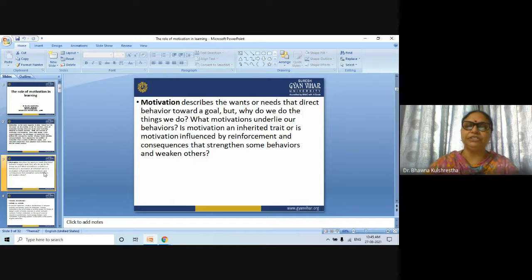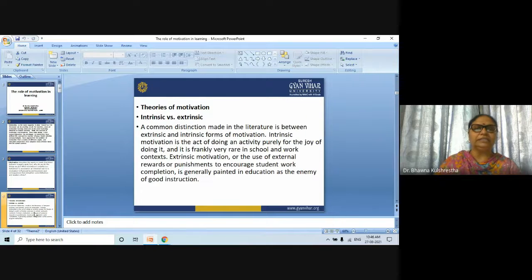Is motivation an inherited trait, or is motivation influenced by reinforcement and consequences that strengthen some behaviors and weaken others? And next are the theories of motivation.